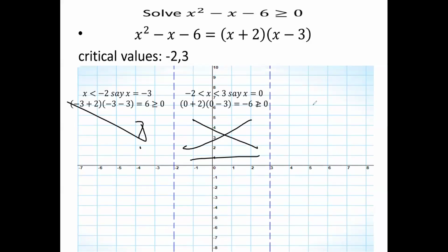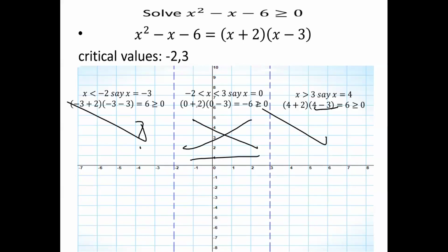And then you try a number out here now, a number greater than 3. We try 4. Yes, it works, right? When you put it in the inequality, you get 6. And 6 is greater than 0, right? So therefore, the numbers greater than 3 also satisfy the inequality.